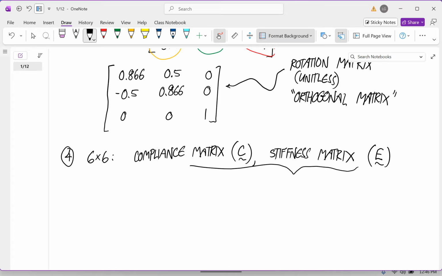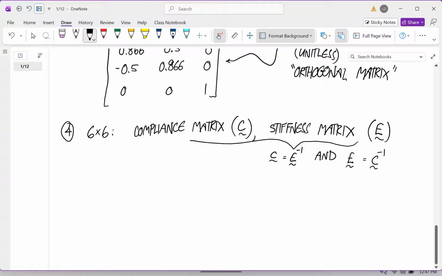One thing about these is that they are inverses of each other. So the compliance matrix is the stiffness matrix inverse, and vice versa. So if you can calculate one, your calculator will easily give you the other one. You just have to use the inverse button.